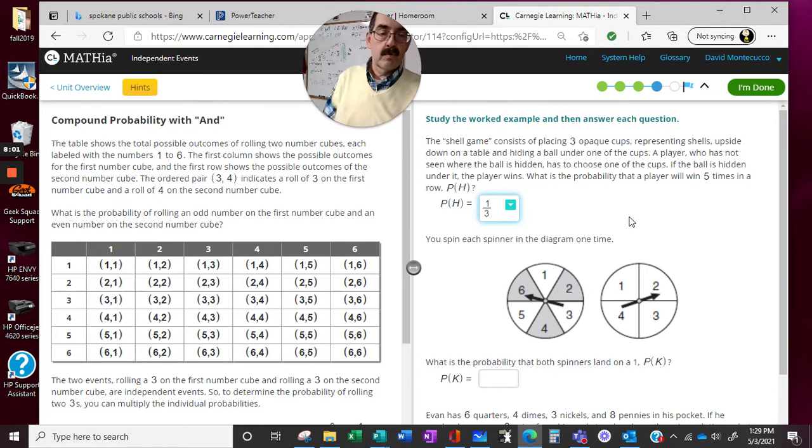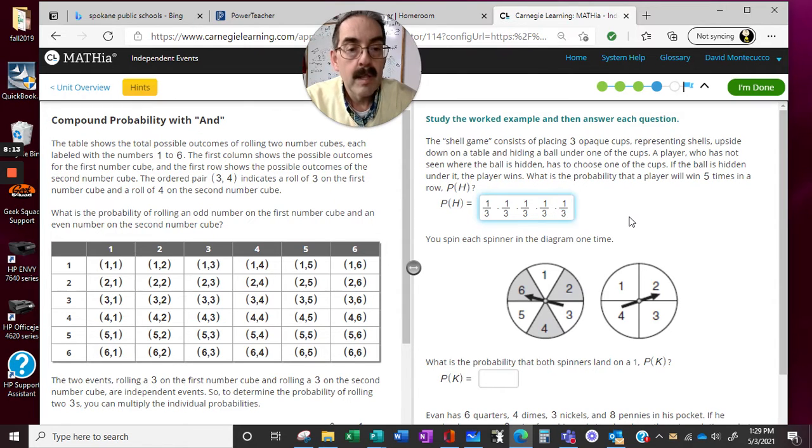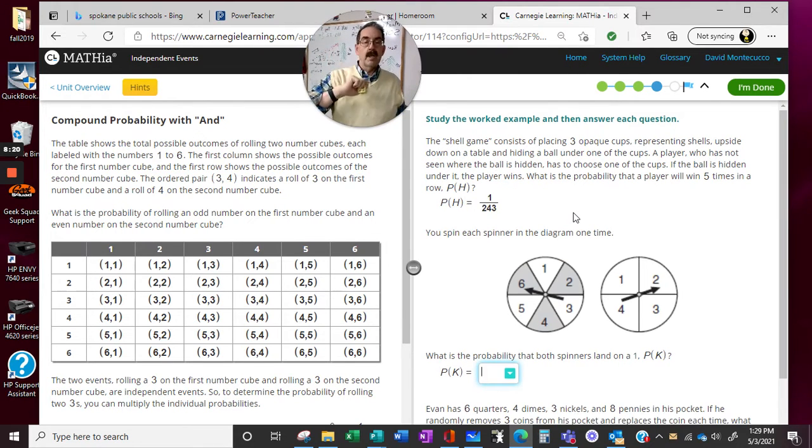Five times in a row, 1 of 3, 5 times. Okay, so each event is 1 of 3, but then you have it 5 times in a row.